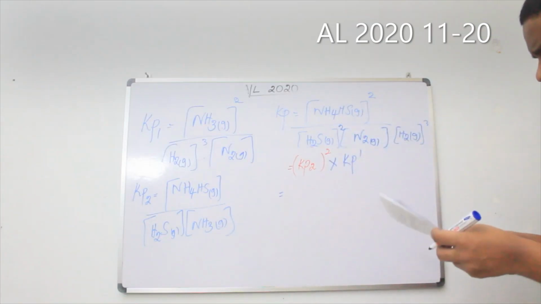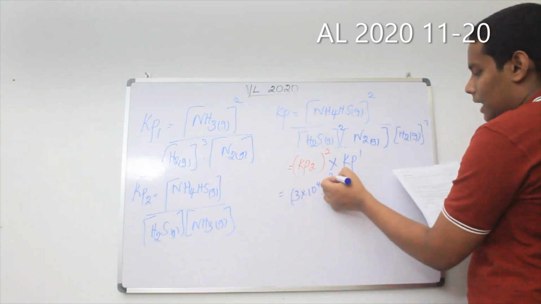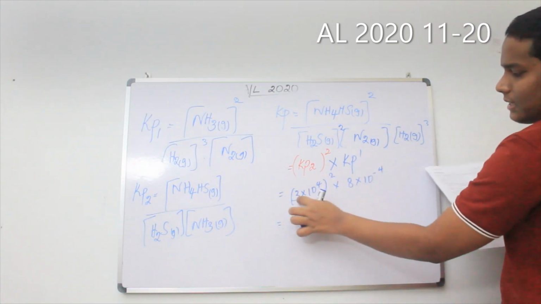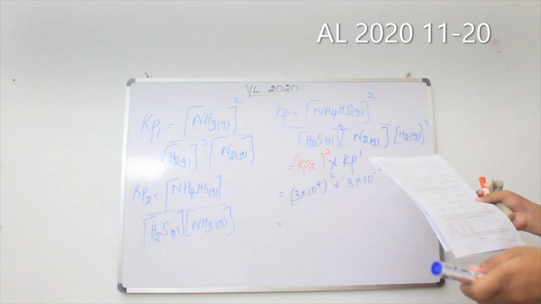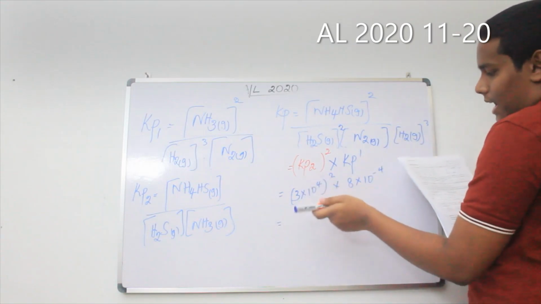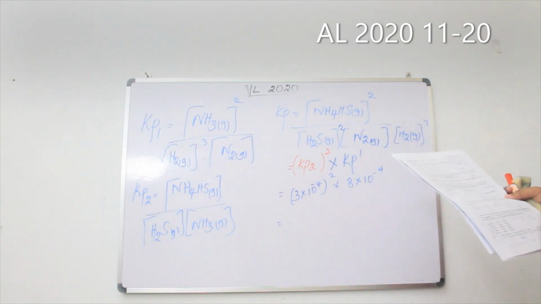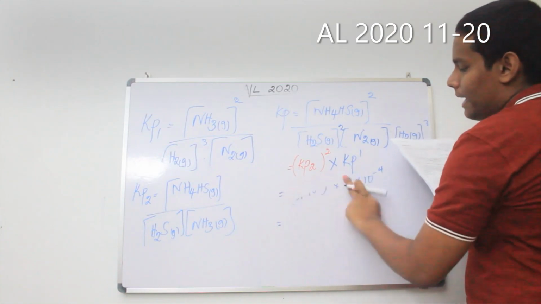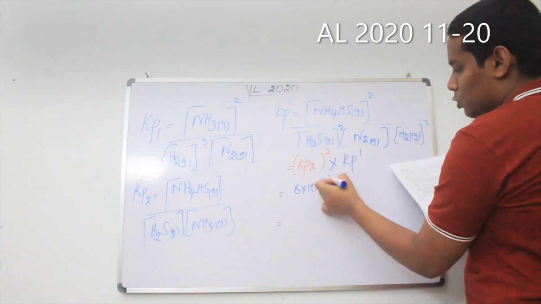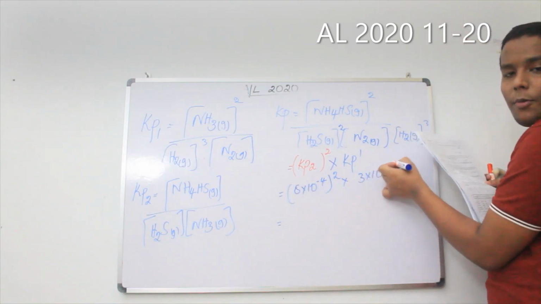Okay. Now just substituting values. Kp2 is 8 into 10 to the power minus 4, squared, into Kp1, which is 3 into 10 to the power minus 4.